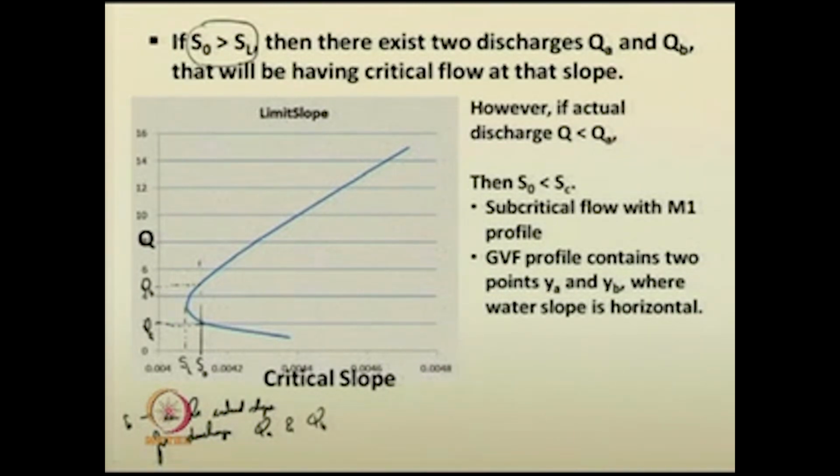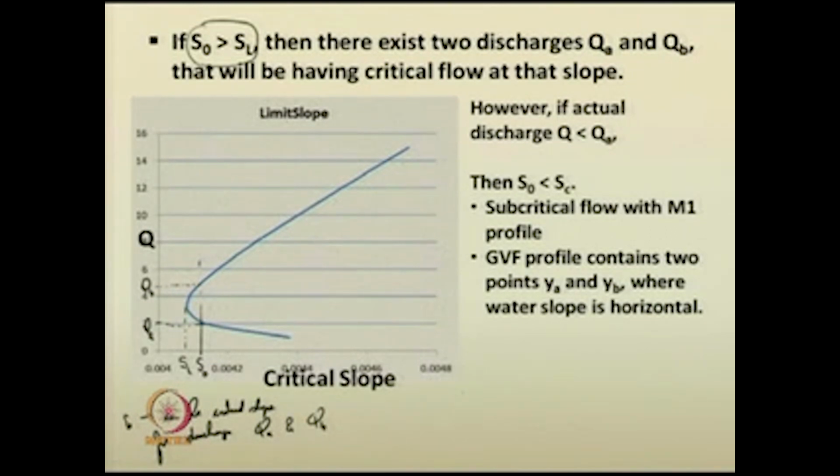So, from this profile you can see that S0 at this location, for a magnitude of almost 2, is QA, that is QA is equal to 2 meter cube per second from this particular graph. So, the bed slope is almost a critical slope. Similarly, just above 4, between 4 and 5, for QB, S0 is also acting as a critical slope. Like that you can easily observe them.